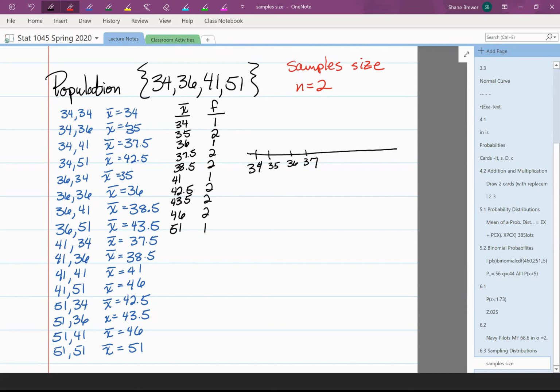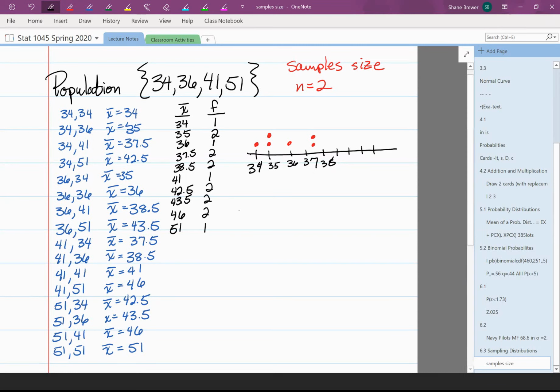You would have one dot at 34, two dots at 35, one dot at 36, two dots at 37.5. It's going to look like that. We'll do a dot plot there. And that continues. But you can imagine it easily from this, right? Okay, so that is our sampling distribution.